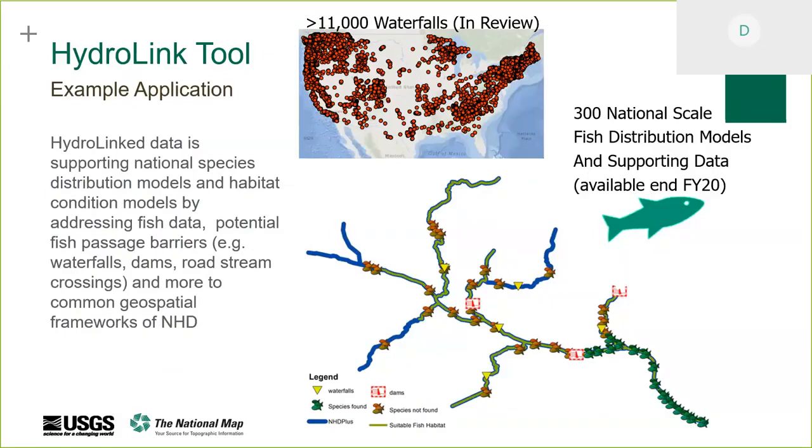I won't go into a lot of details here, but on this slide we have some of the specific national efforts from my work that contribute to this concept and also illustrate the power of having many habitat and fisheries data sets addressed to the same stream network, allowing us to better model species distributions and habitat conditions at large spatial scales, or in my case, at the national scale. Next slide.